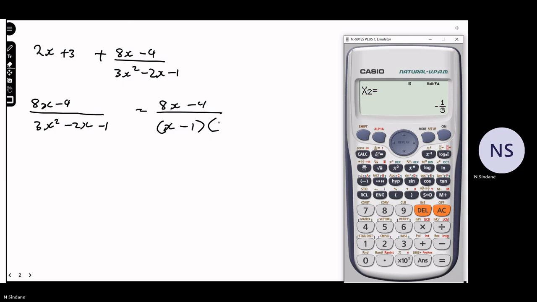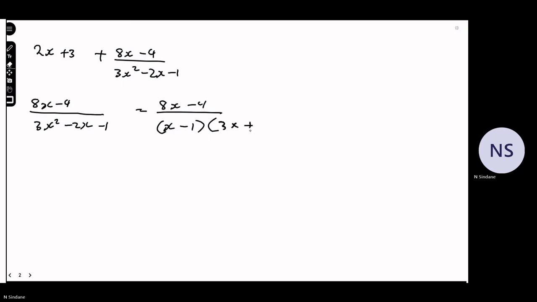Let's check if they are correct. This is going to be 3x squared, plus x, minus 3x, minus 1. This and this give negative 2x. Yes, the factors are correct.